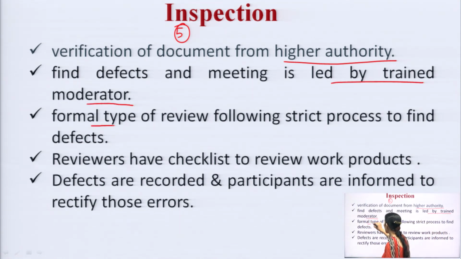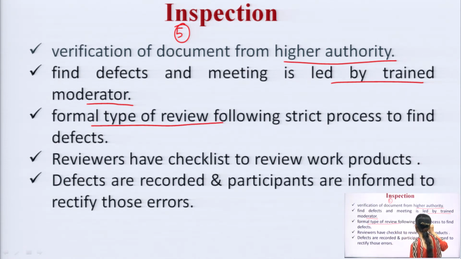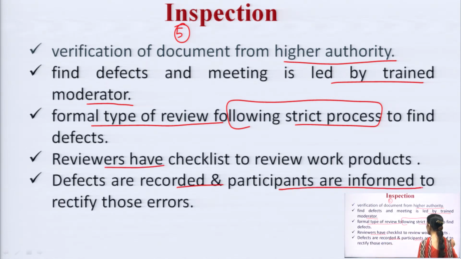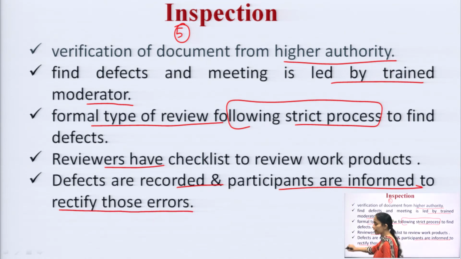It is a kind of formal review that follows a strict process to find as many defects as it can. Then we have the reviewers, who have a checklist to review the work products, and then these defects are recorded and the participants are informed to rectify those errors. So, now we can see inspection is a very important process for doing this static testing.